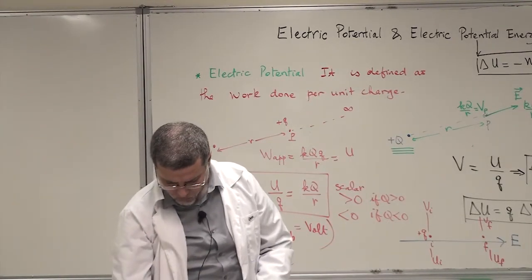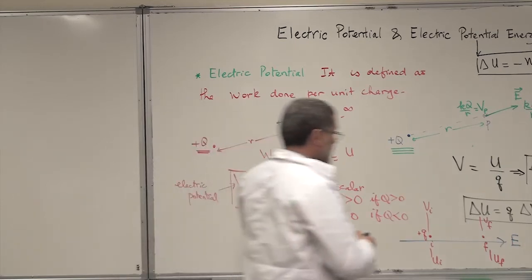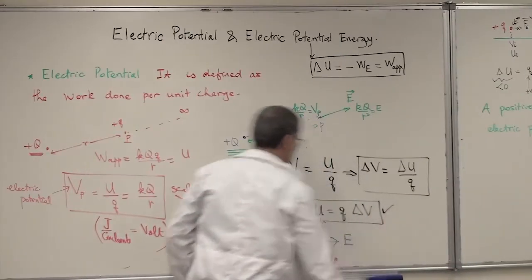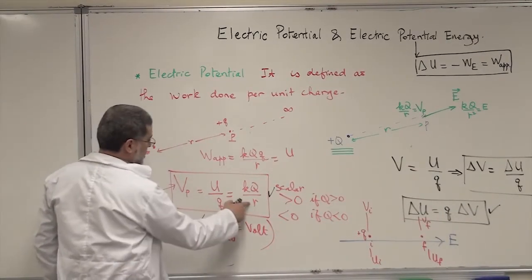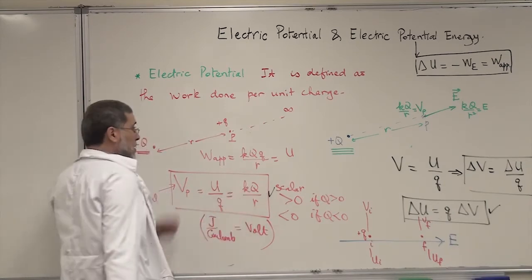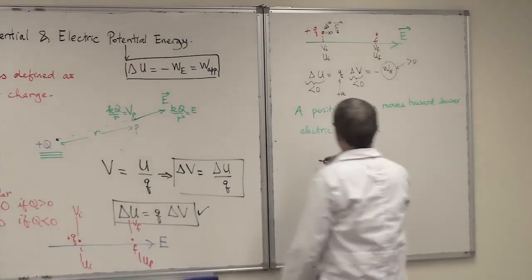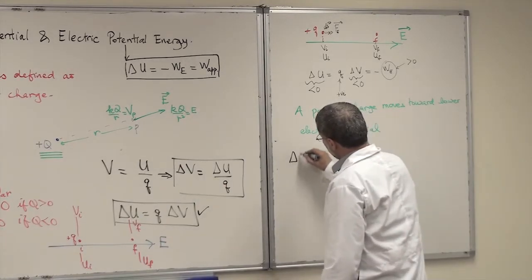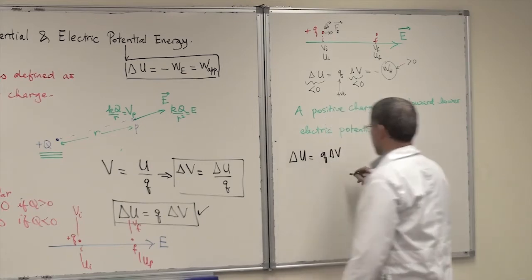Now, I have this important equation here about the potential due to a point charge at the distance r, which is kq over r. And I can also look at something else now. So I know that delta U is q delta V. This is a very important concept.